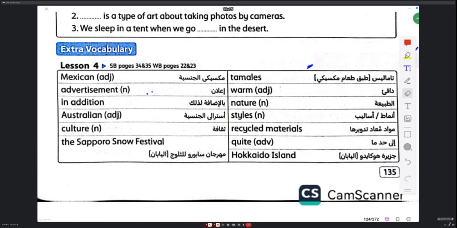Luigi: Extra vocabulary, Mexican advertisements, in addition, Australian culture, the Sapporo Snow Festival, Tamils, warm, styles, recycled materials, parts, Hokkaido Island.